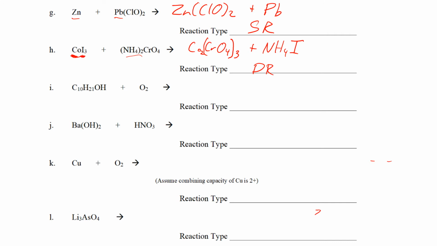Okay. Now we have the other annoying task of making sure that these things are balanced. Now I'm going to show you the improper way of balancing this one right here, just so that we can show you what it looks like and what you do if you start to balance it improperly. So I'm going to balance this one improperly by saying NH4 is, there's 2 right here, and so I'm going to place a 2 right here.